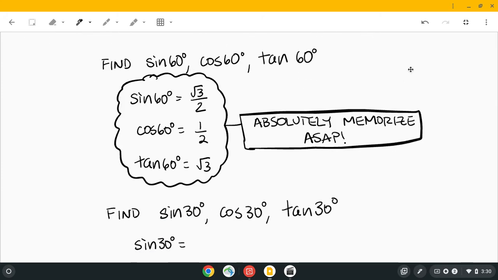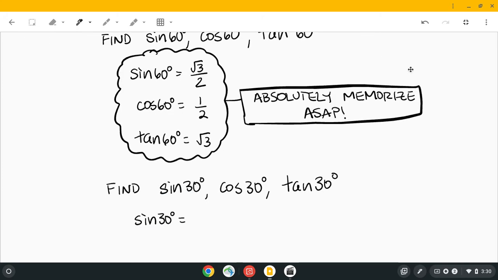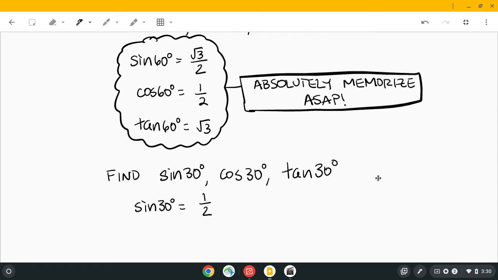Hypotenuse is 2, so 1 over 2. Sine of 30 is 1 over 2. Which makes sense with the cofunction theorem, right? 60 and 30 make 90, and cofunctions of complements should be the same.